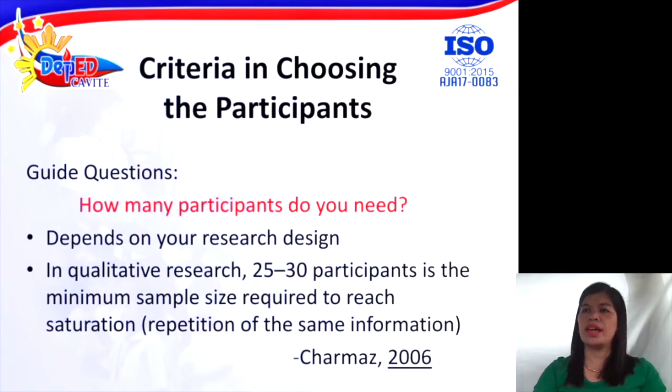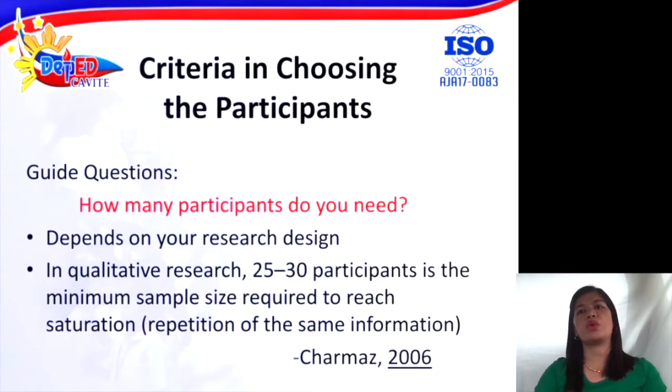Okay, so the next is, how many participants do you need? It depends on your research design. The sample size used in qualitative research methods is often smaller than in quantitative research methods.